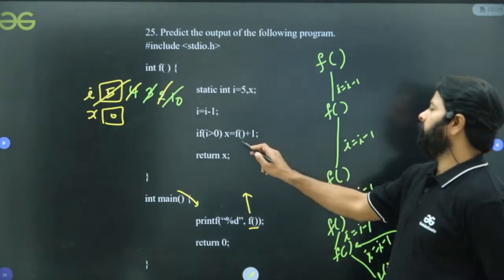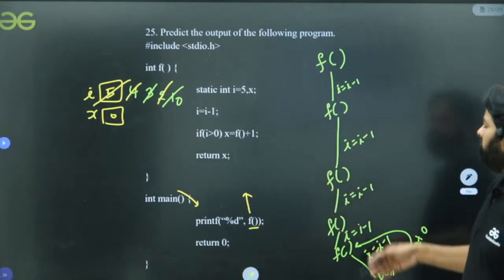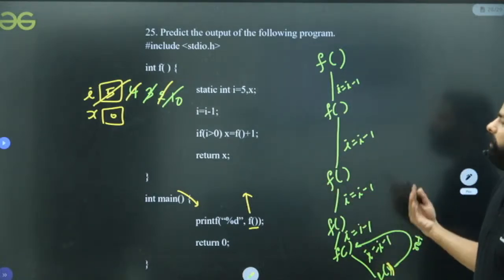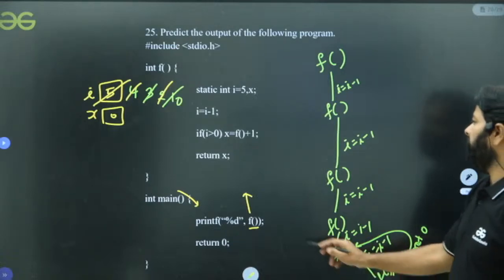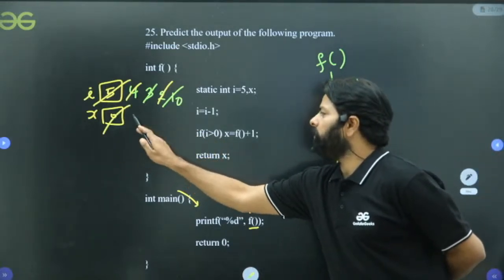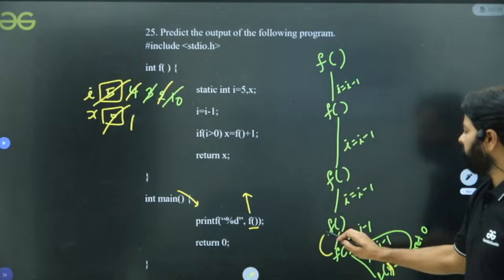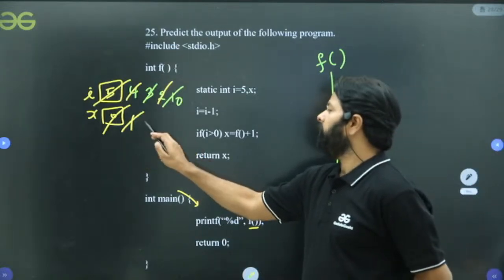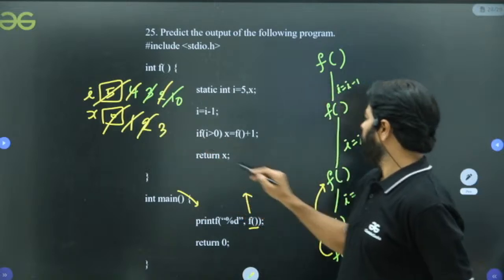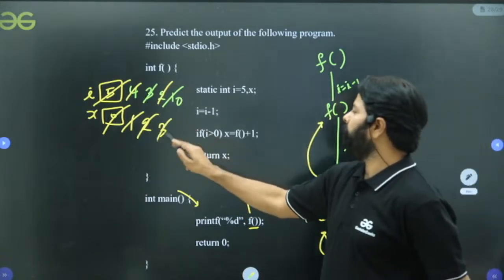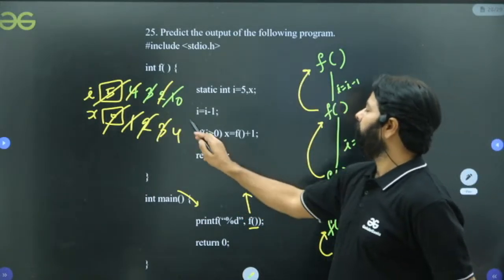You got 0, 0 plus 1. So how many times is it going to return? Incrementing only, right? Every time the x value is added by 1. So the first time here x is going to be 1, and when it returns again, 1 becomes 1 plus 1, 2, and 2 plus 1 is 3, 3 plus 1 is 4, 4 plus 1 is 5.